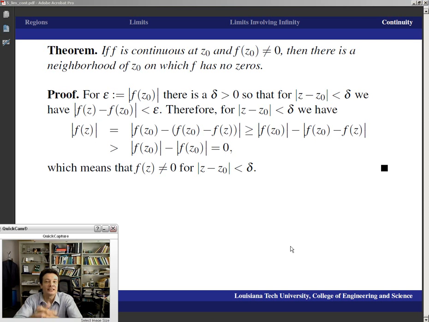And most certainly I asked myself exactly the same question when I was at a similar stage in my career. How do you get that idea? How do you choose your epsilon to be f of z0 and all that other stuff? And again, remember, the rule of thumb really for me now and for any student whom I talk to in this subject is the key is always in the final estimate.